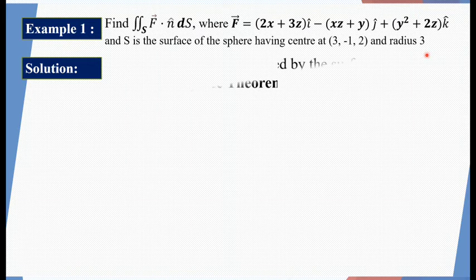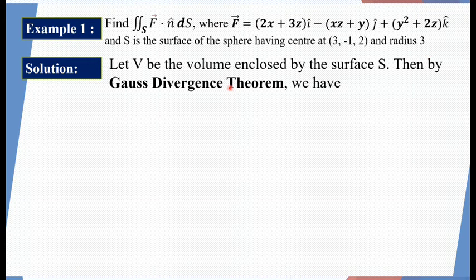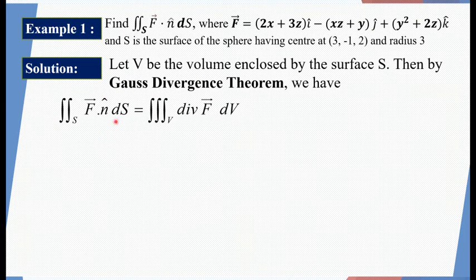So to solve it, we let capital V be the volume enclosed by the surface capital S. Then by Gauss divergence theorem, we have this particular formula, double integral S vector f dot n cap ds equals to triple integral V divergence of vector f dv.